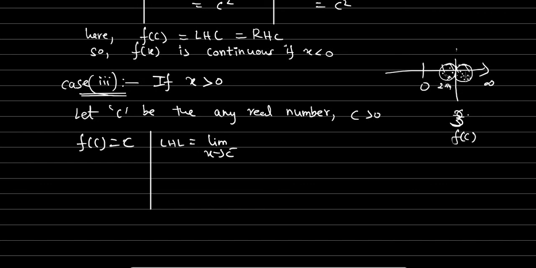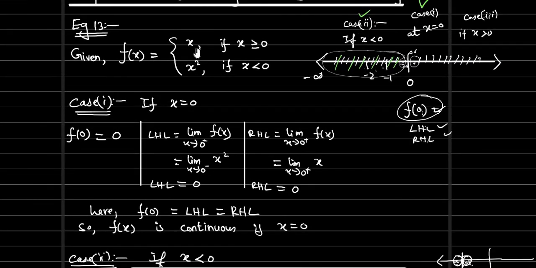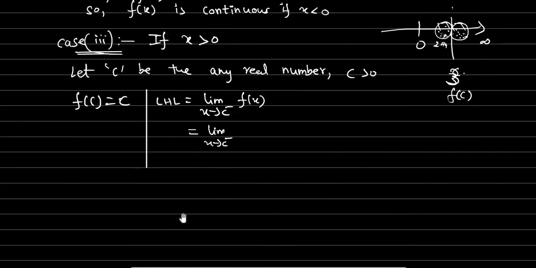And even the right side is also greater than 0. For left hand limit and right hand limit, we are going to use the same function here. So f of x, which function is suitable? First function, right? That is x. So we need to replace f of x with x. Then applying the limit, it's c.